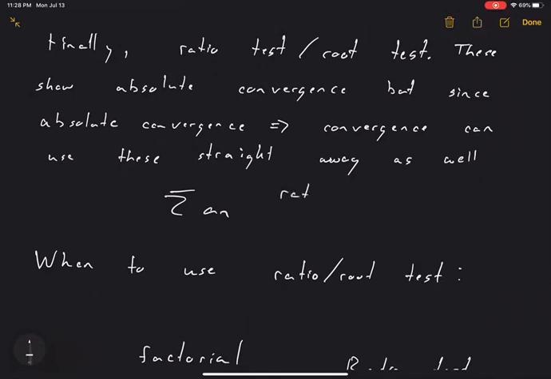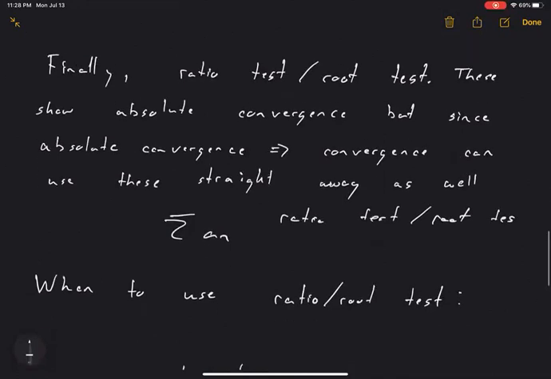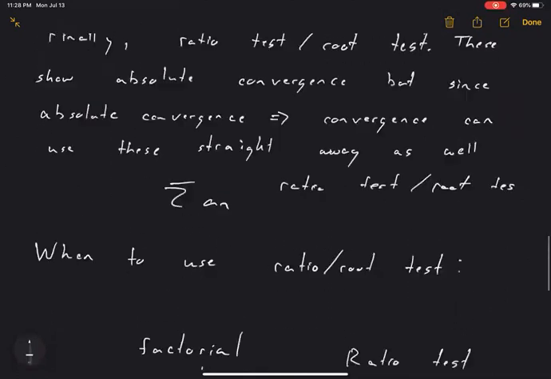I can still use ratio test and root test on this. And if the limit in these tests is less than 1, then the series converges absolutely. But that means the series converges, right? So I can use these as convergence tests as well, just a test for regular old convergence.